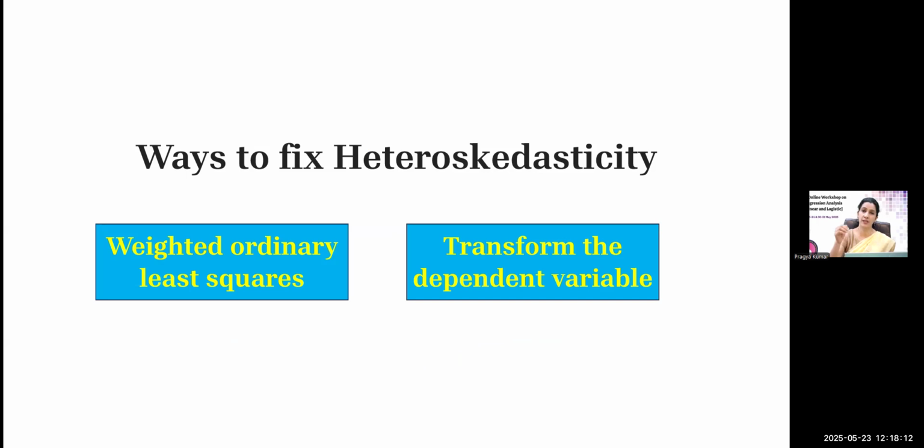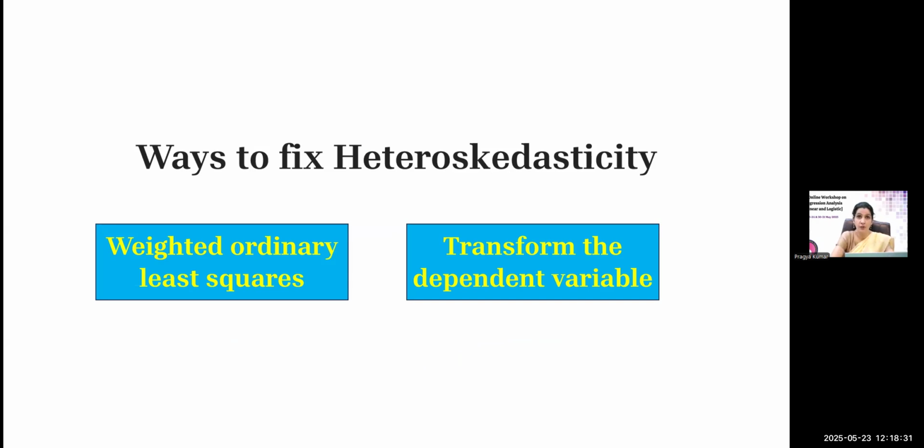So how do you fix this heteroscedasticity? I said that if your model or your data set is not fulfilling the assumption of homoscedasticity, then you cannot perform the OLS or the linear regression.